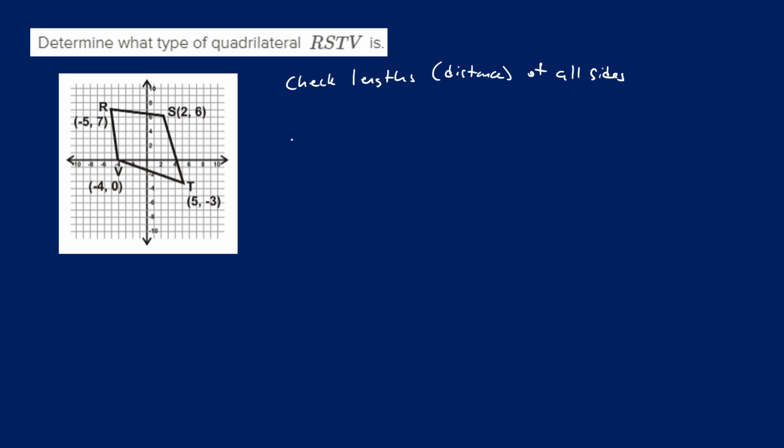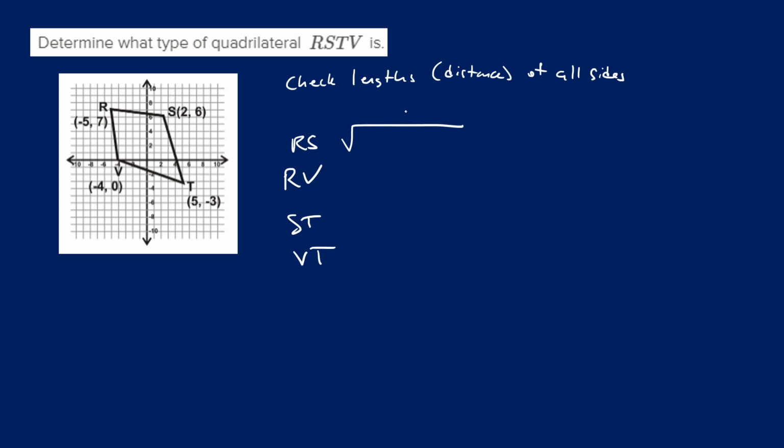So you would go ahead and do that. RS and RV. If it is a kite, these are supposed to be congruent, and ST and VT. So you may want to pause the video at this point and just practice your distance formula, and I'll catch up with you.